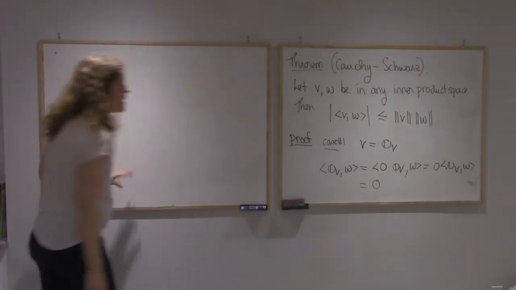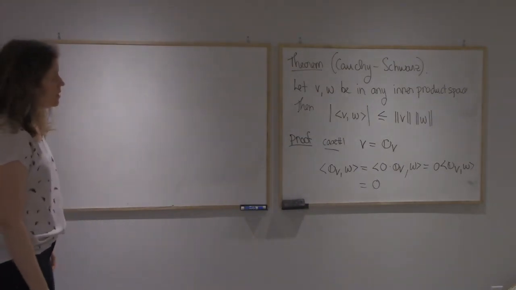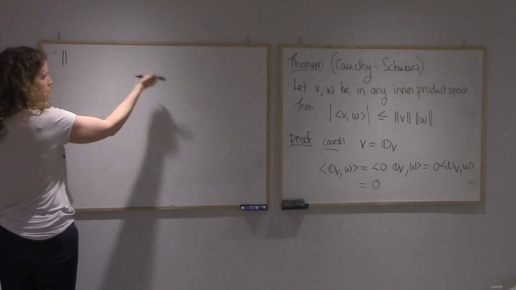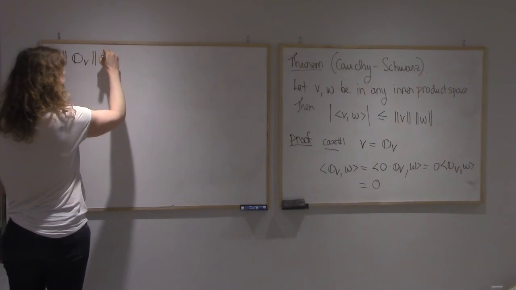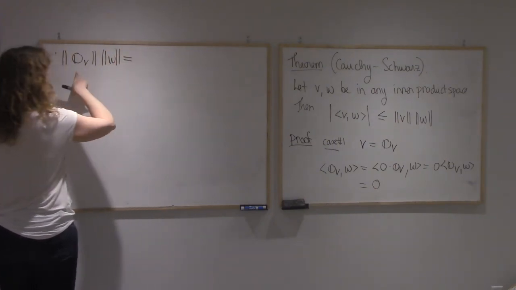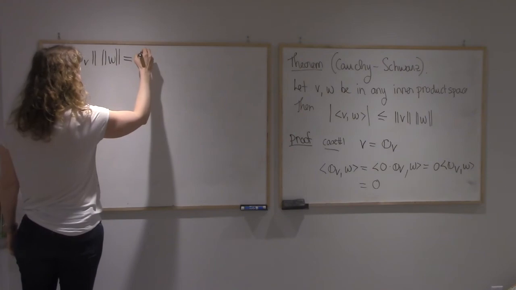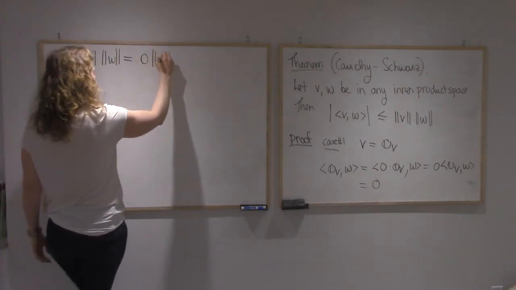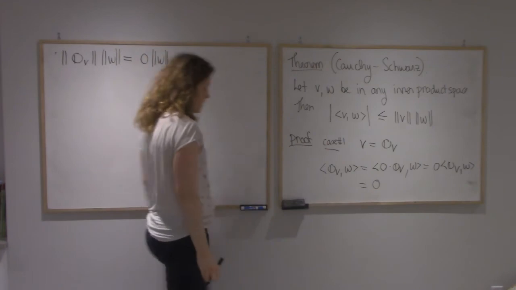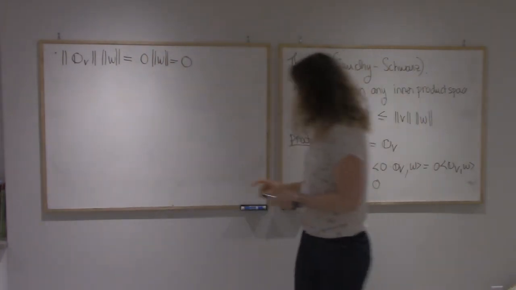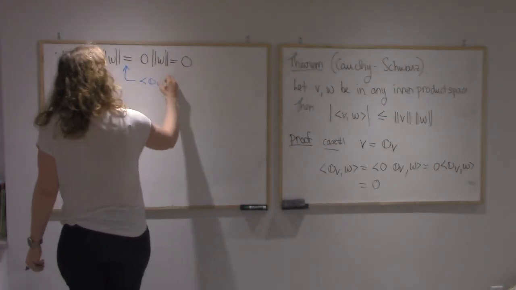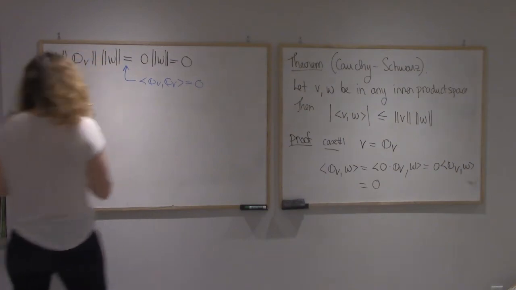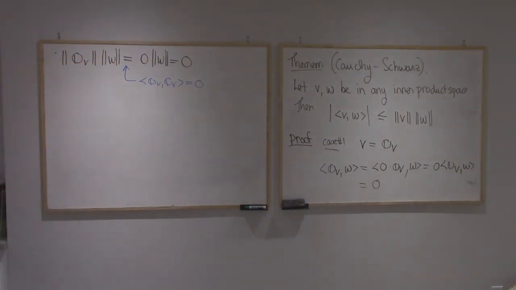The second side, well, anything positive will be bigger, but in this case I'll have the length of 0 times the length of W. The length of 0 is 0, so I'll get 0. That was property 4, that ⟨0, 0⟩ gives you 0. So that's the first case.